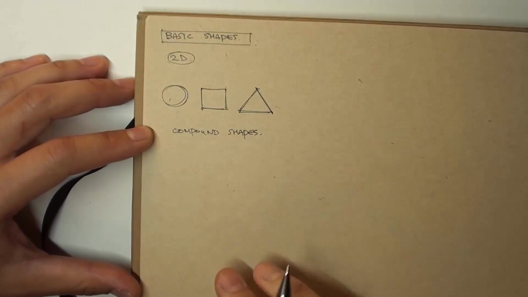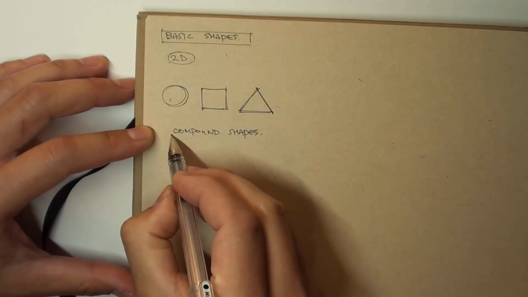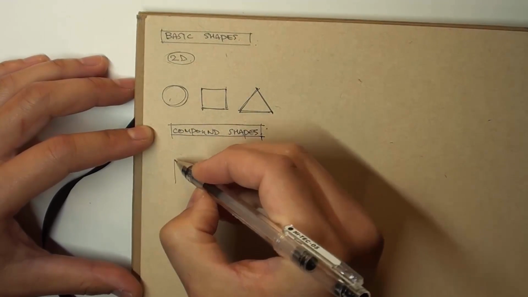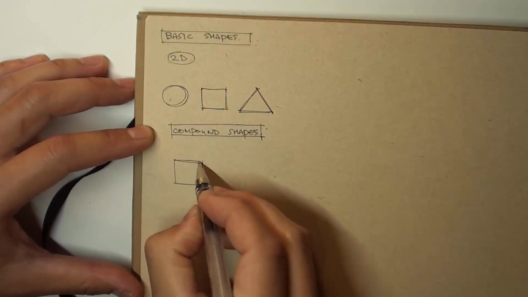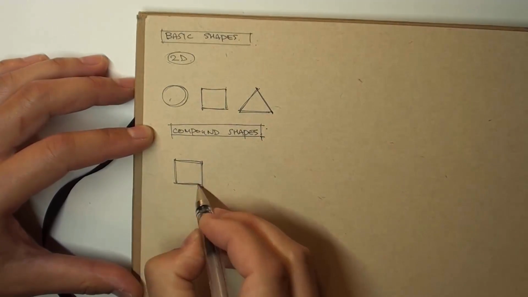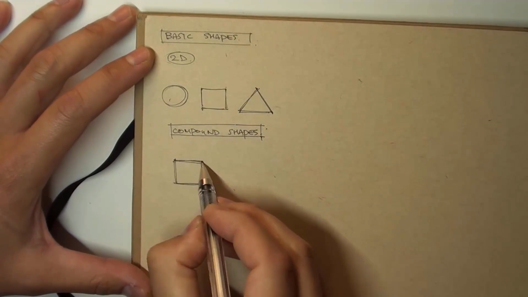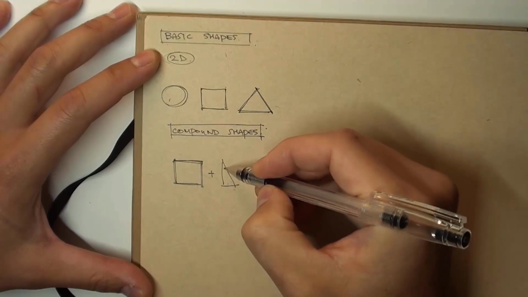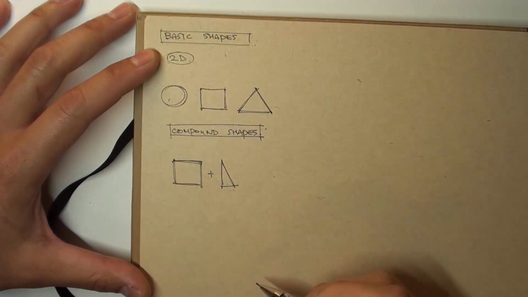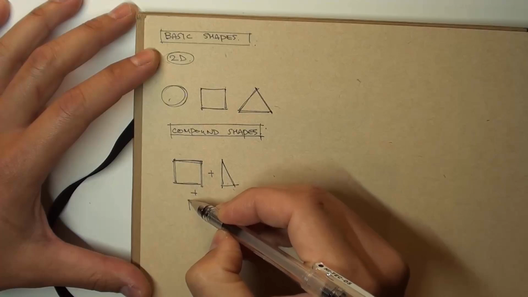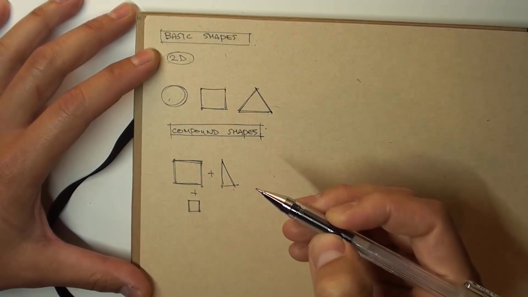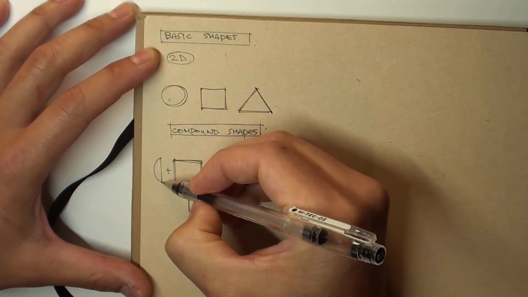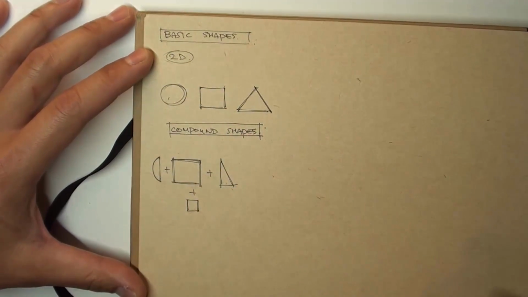In our compound shapes portion, if we draw a geometric shape like this rectangular shape, we're going to add to it with this triangular shape, or we might add a smaller rectangular shape on the bottom portion, or a semicircular shape to the front.